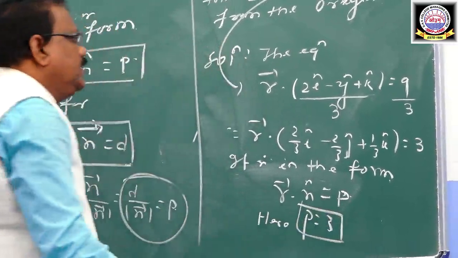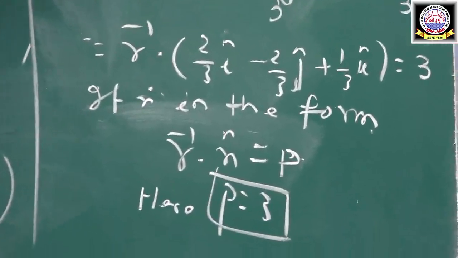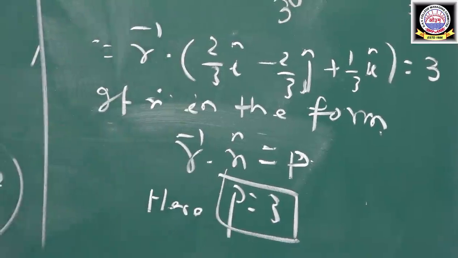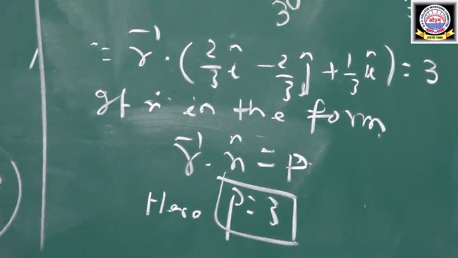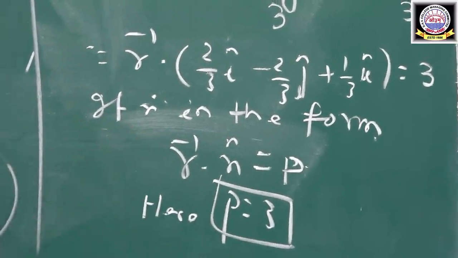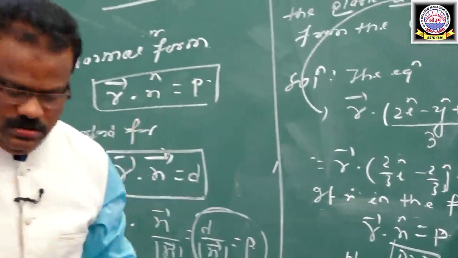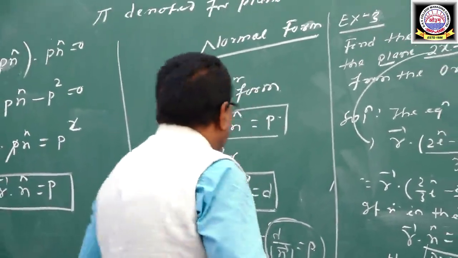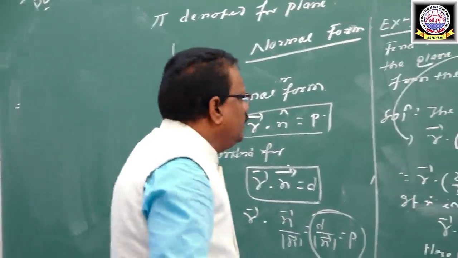Then what is p? The distance of the plane from the origin. So finally you can write: therefore, the distance of the plane from the origin is 3 units. So I only converted the standard form to the normal form. Simultaneously, I am taking the same question.